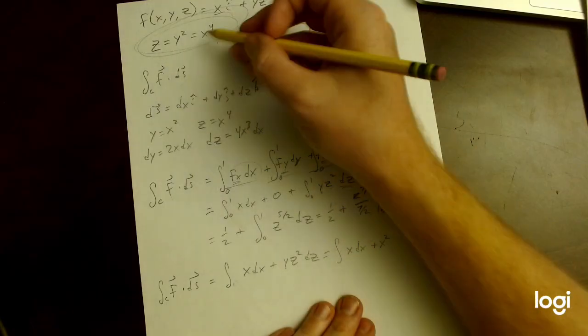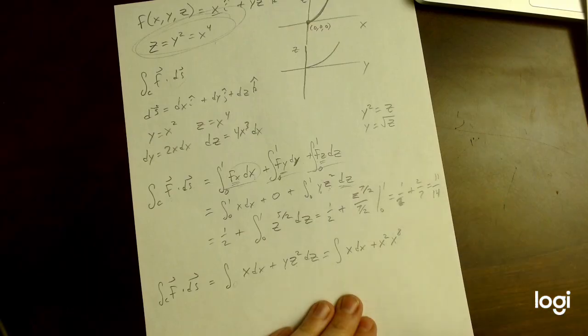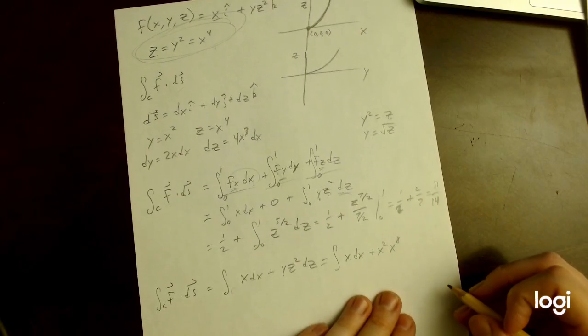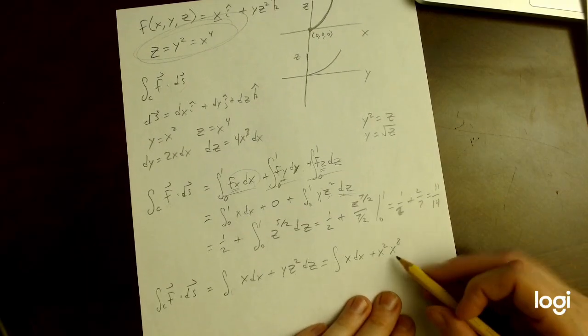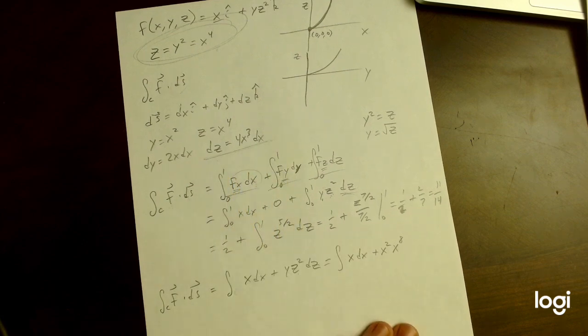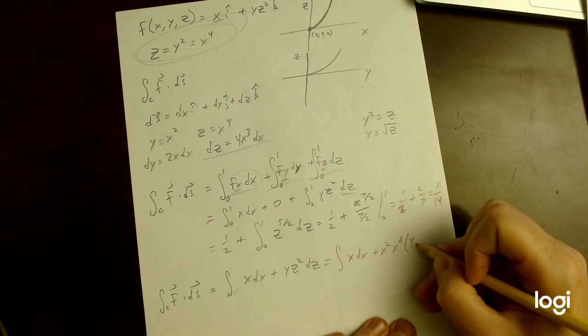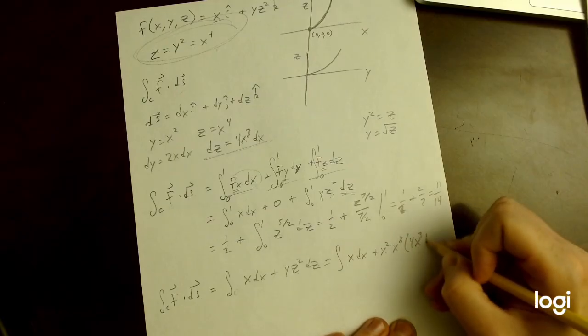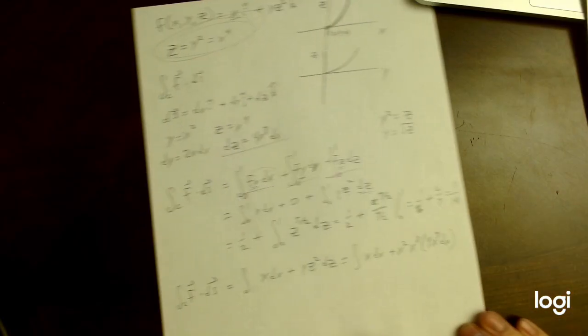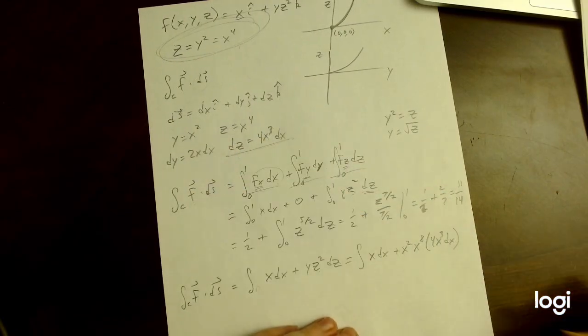Well, z is equal to x to the fourth, so that means z squared is equal to x to the 8th power. And I already sort of figured out how dz looks in terms of dx. So if I wanted to just rewrite this, I could put in a 4x cubed dx. And that's why we did all this work here, so that we could do this.